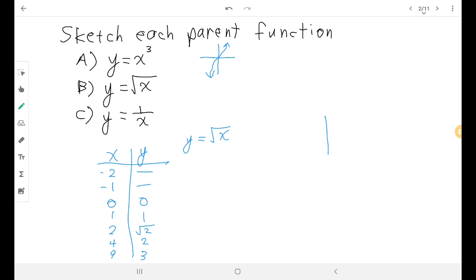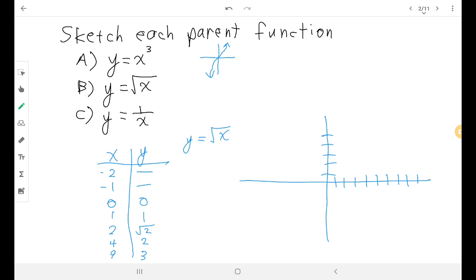And that gives me some better points, right? So we got to go out to 9. 1, 2, 3, 4, 5, 6, 7, 8, 9. We got to go up to at least 3. So let's go up to 5. You'll notice there's no negatives involved here.